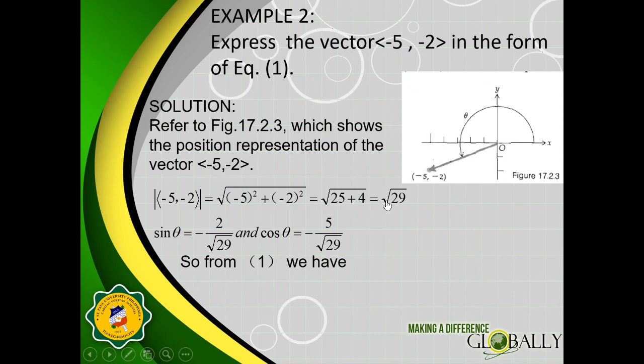It equals the square root of 29. Sin theta equals -2 divided by the square root of 29, and cosine theta equals -5 divided by the square root of 29. So from equation 1, we have the following equation.